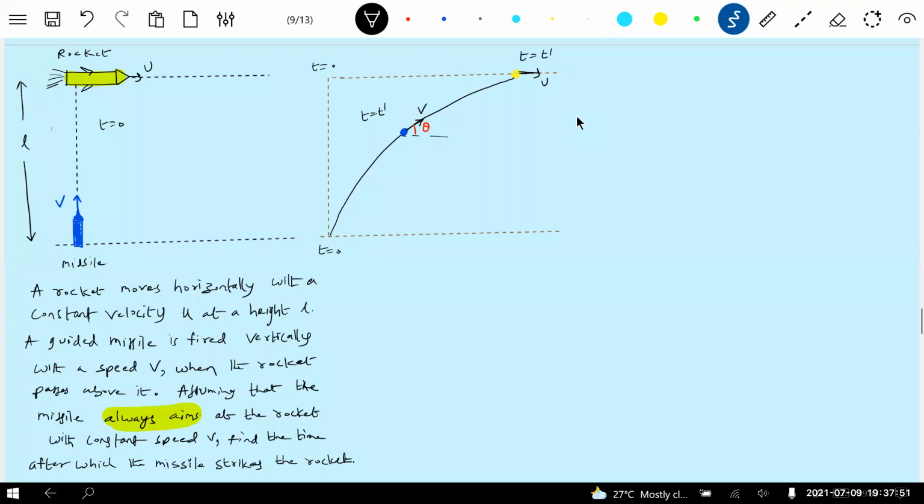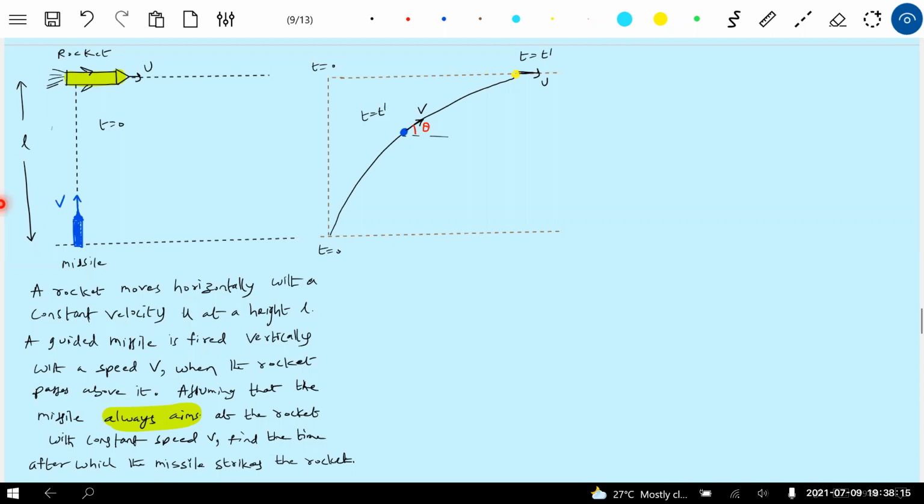Guided missile means the missile will always be targeted towards the rocket. It will change its direction of motion. That guided missile is only projected when the rocket is directly above its head, so it's projected at 90 degrees first. So tell me what you want, I'll do that.